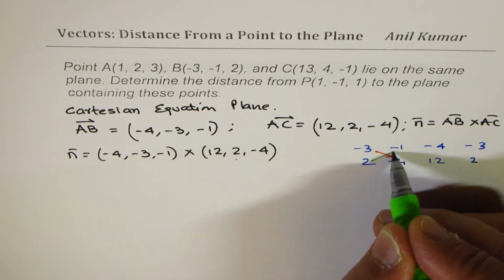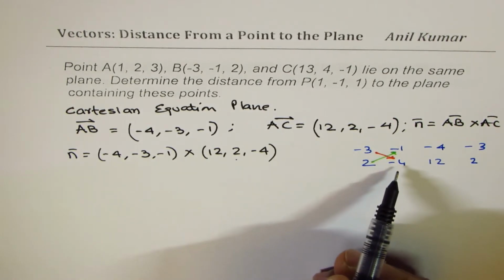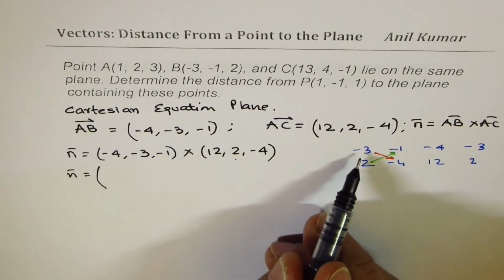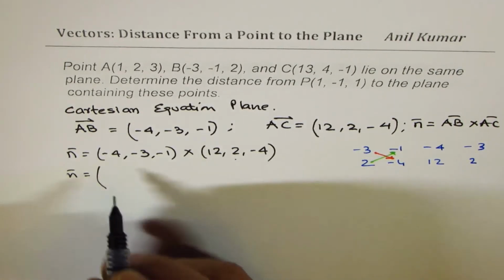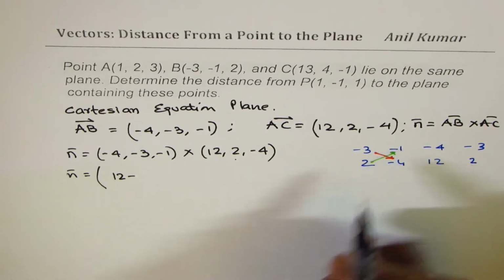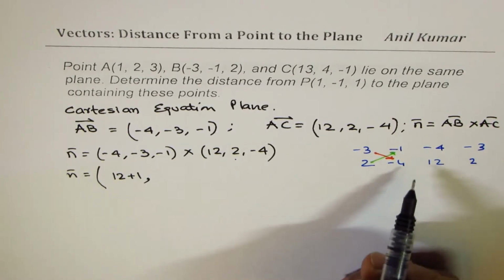Now the I component will be this minus that. So that is the I component. So we can write the normal as 3 times -3 minus becomes positive 12, minus 2 times 1 minus it becomes +1, so that becomes the I component.